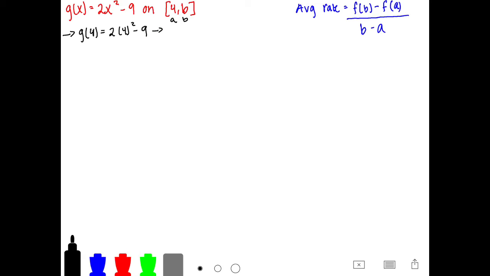Solving for 2 times 4 squared, you get 32 minus 9, which is then equal to 23. Now we'll be plugging in our b, so you have 2 times b squared minus 9, which would just be 2b squared minus 9.